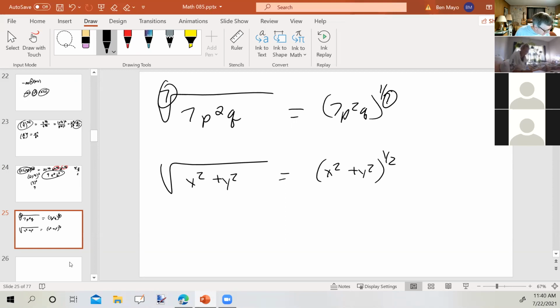It says change each exponential expression to a radical. So I've got 6x cubed y to the 1/4 power would be the 4th root of 6x cubed y.